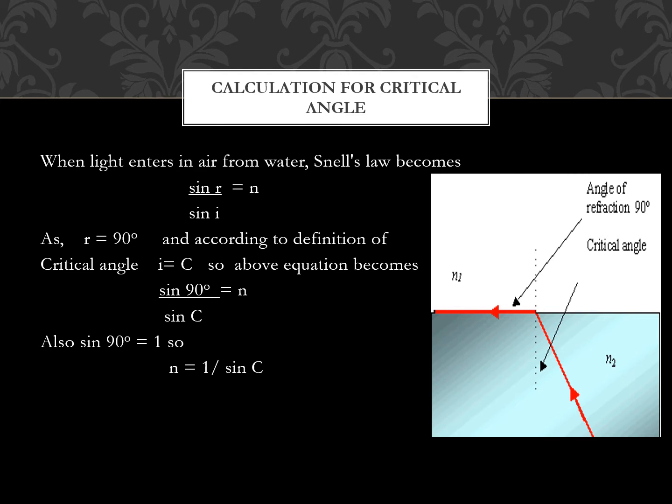So n equals 1 by sine C. By using this formula, we can calculate the refractive index and find out the critical angle for any medium, that is n equals 1 by sine C.